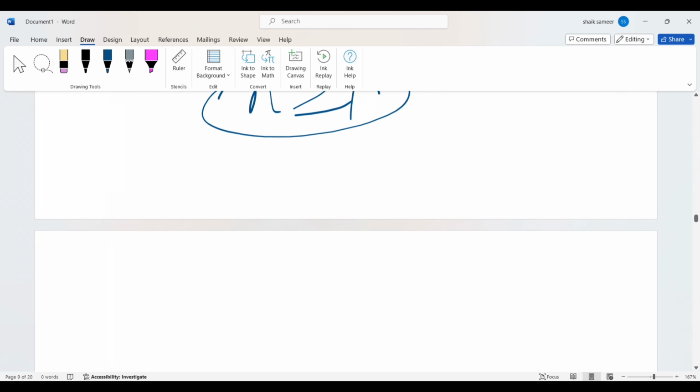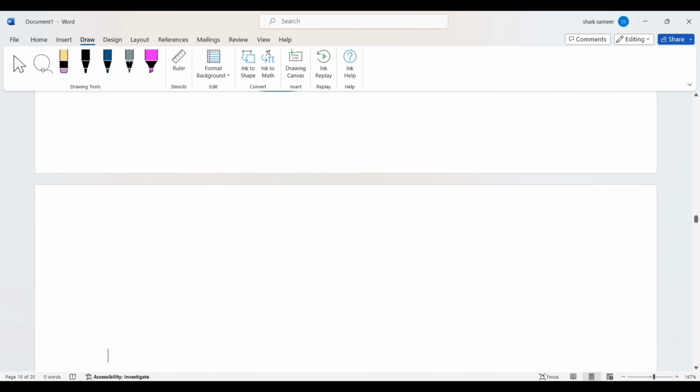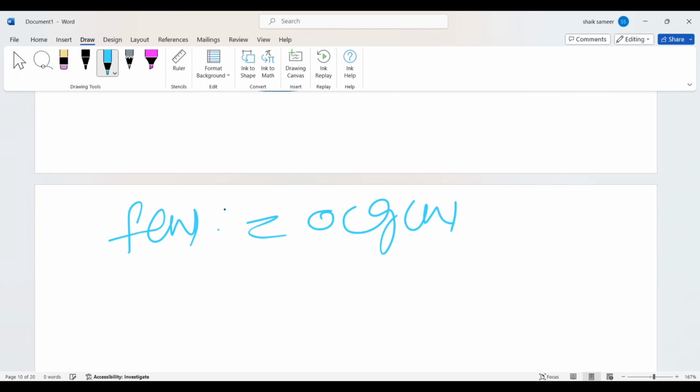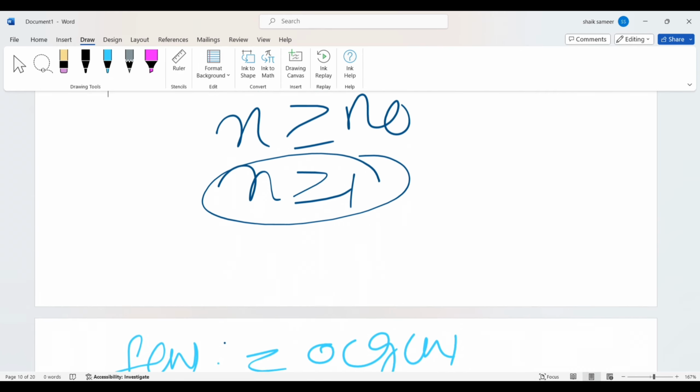Then we know that f of n equals Bigoh of g of n. We have substituted g of n as n square, so the answer is Bigoh of n square. This is the answer.